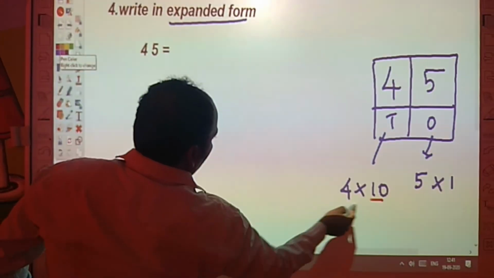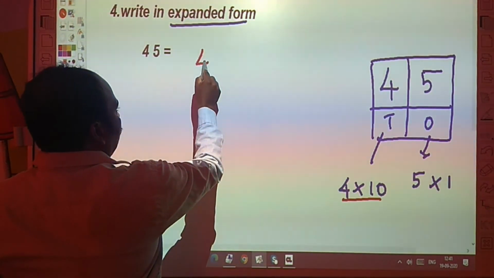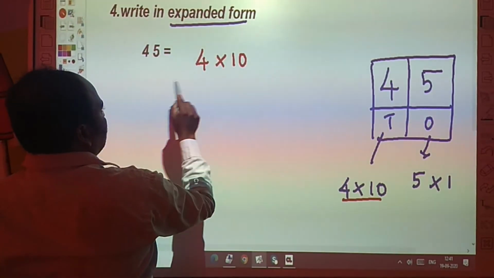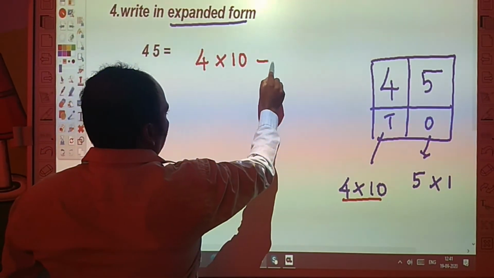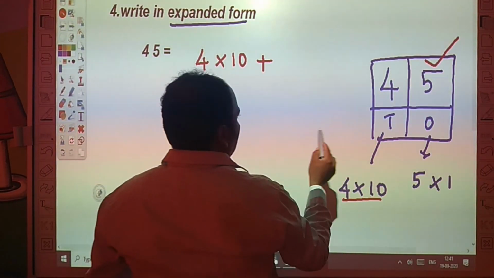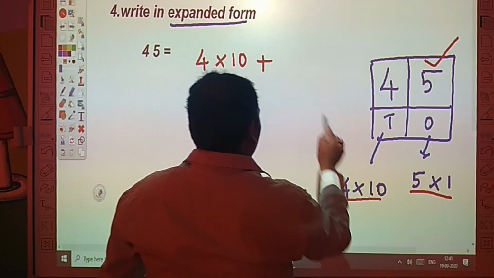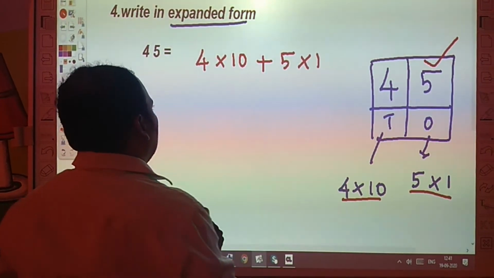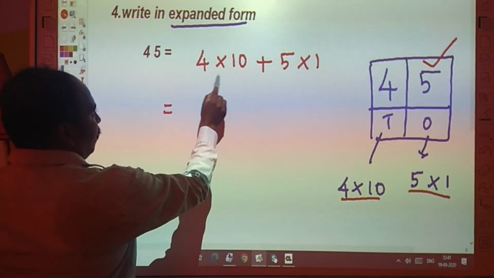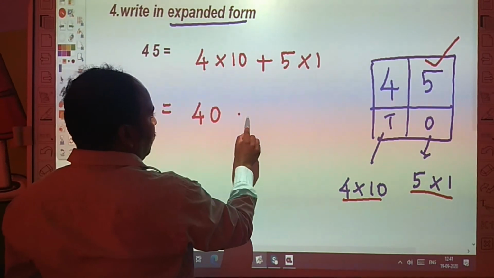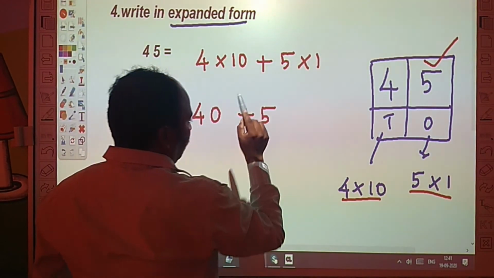First, the tens place: 4 into 10. Plus, next we go to the ones place: 5 into 1. Then we write 4 into 10 is equal to 40, plus 5 into 1 is equal to 5.